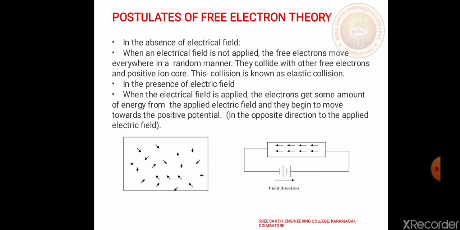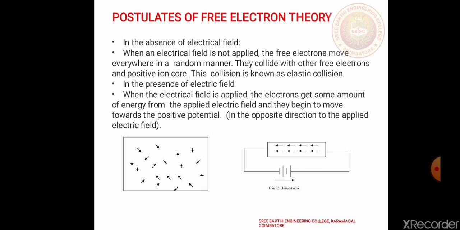Postulates of free electron theory. In the absence of an electric field, when an electric field is not applied, the free electrons move everywhere in a random manner. They collide with other free electrons and positive ion core. This collision is known as elastic collision.